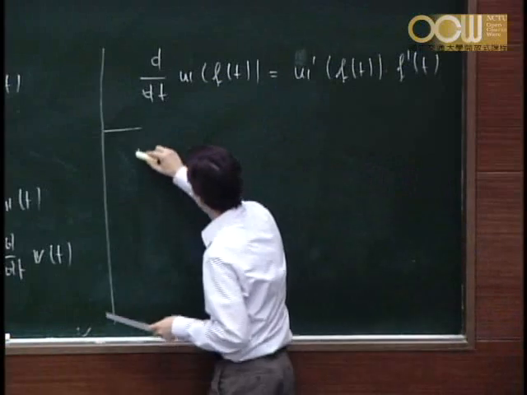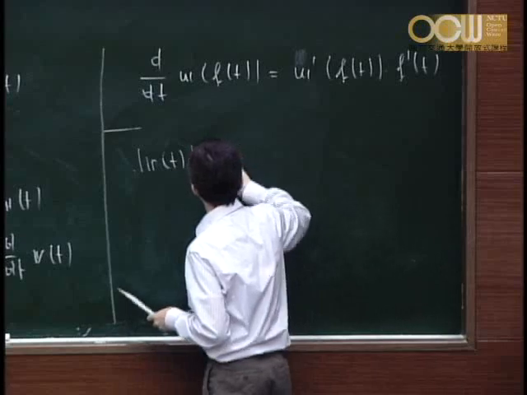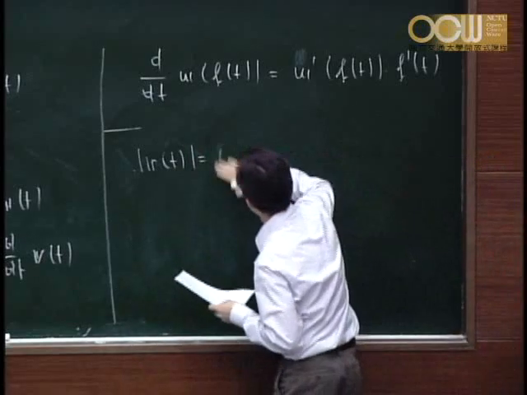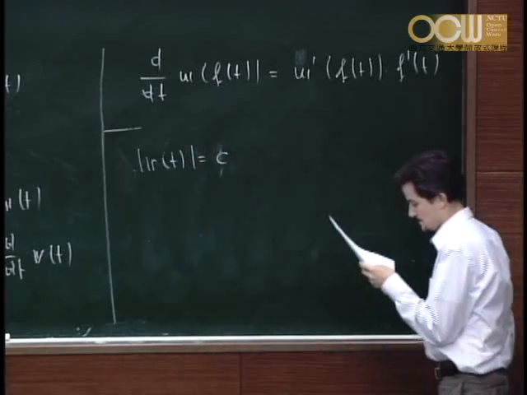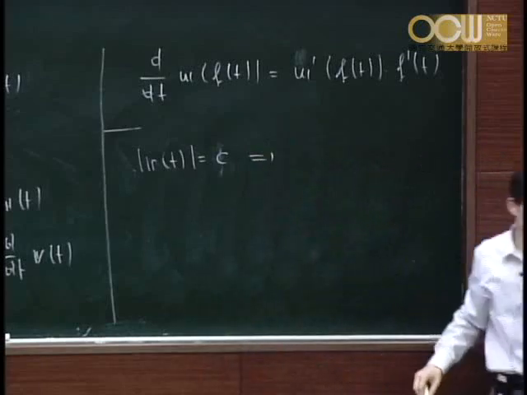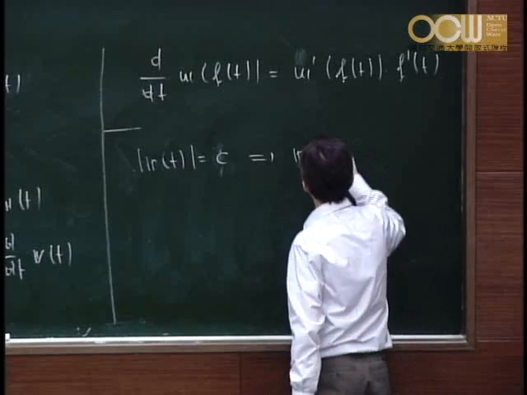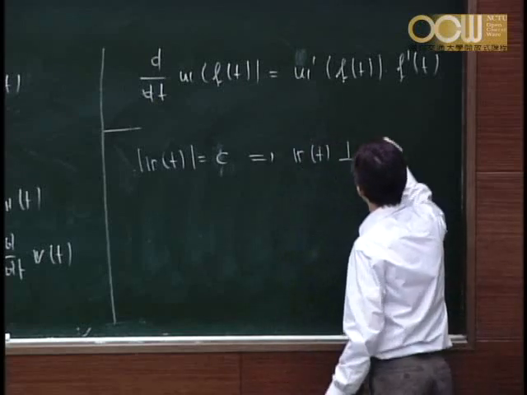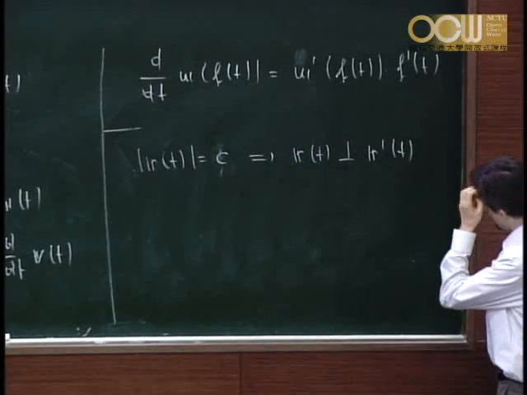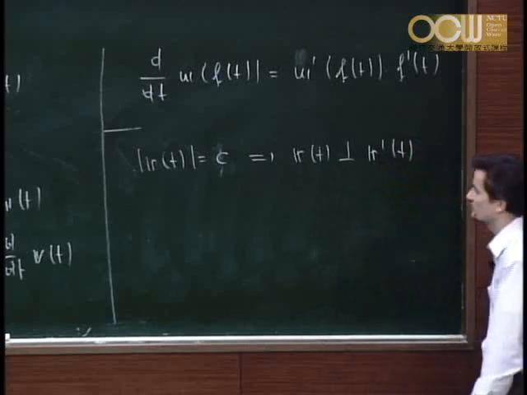So, for instance, if you are given that the length of a given vector function is a constant, and you have to show that this implies that those two vectors, the original vector function and the derivative, are always orthogonal.